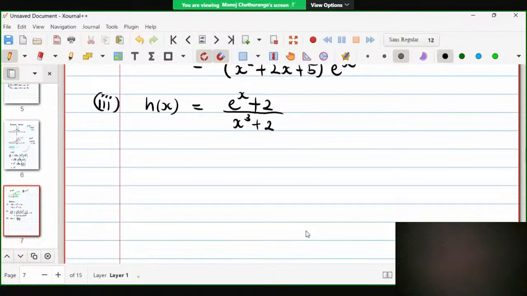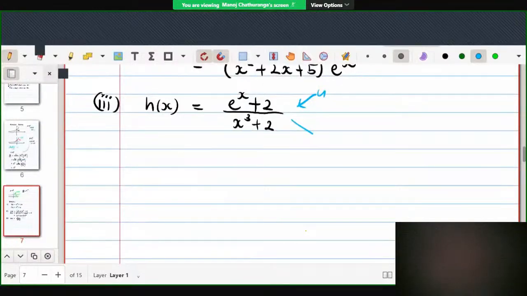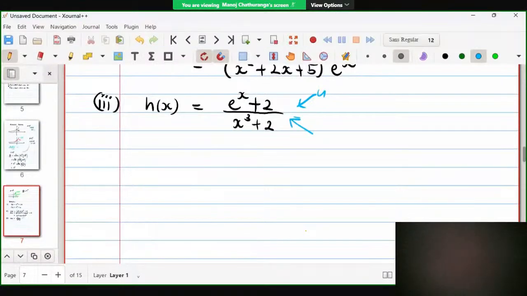So think about this as u and v. u divided by v. The derivative is v u prime minus u v prime, divided by v squared.